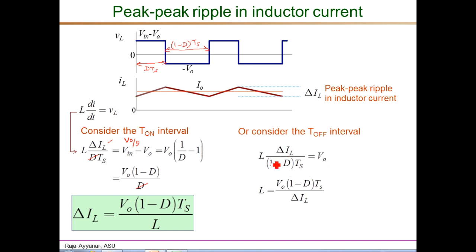Therefore delta IL is equal to Vo times 1 minus d times Ts divided by L, which is essentially exactly the same expression that we obtained in the analysis for the on interval.